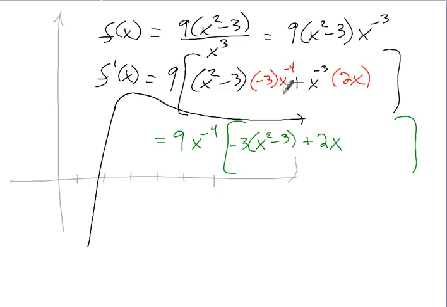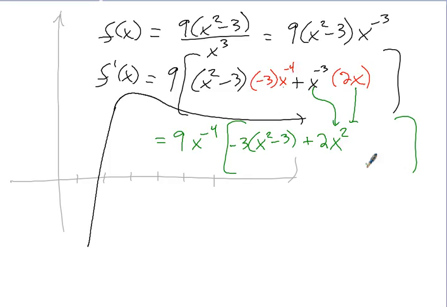So this part gives me an x, and when I factor out an x to the negative 4, I get back an x to the positive 1 from this one. Then plus I've got another x, which gives me an x squared on that side.